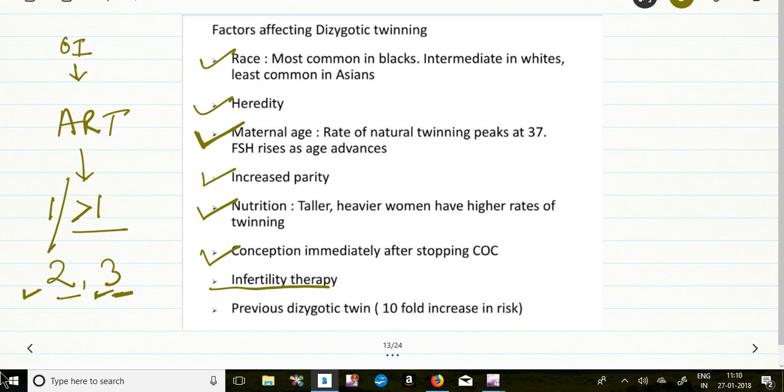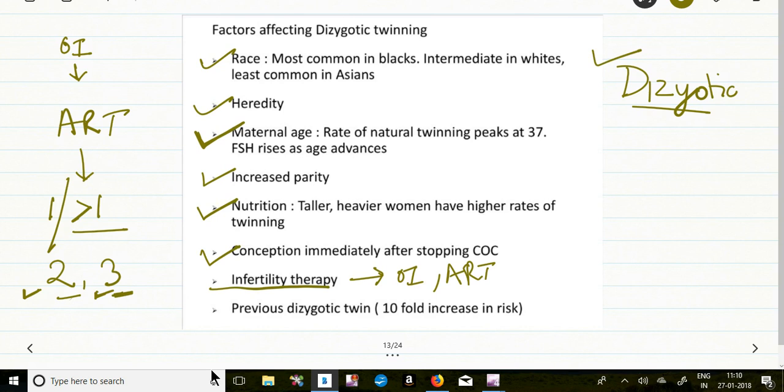So any kind of infertility therapy, be it ovulation induction or be it artificial or assisted reproductive techniques, you have increased risk of multiple pregnancies. Most commonly, the type of multiple pregnancy is dizygotic or trizygotic because the principle is multifollicular development. Multiple oocytes will form and you will have multiple babies. So these twins are dizygotic most commonly.